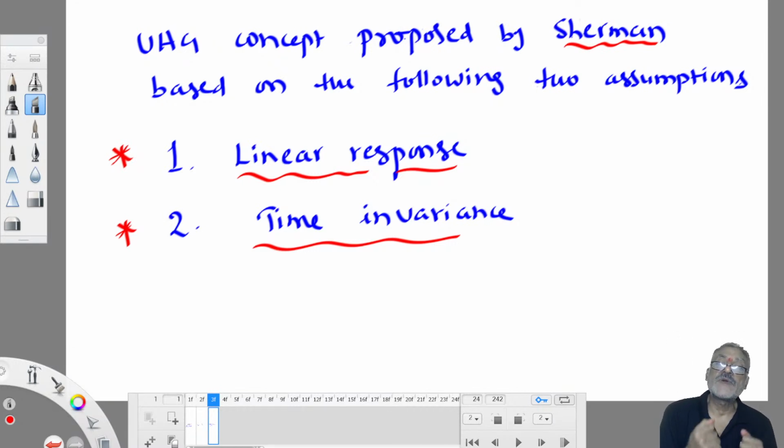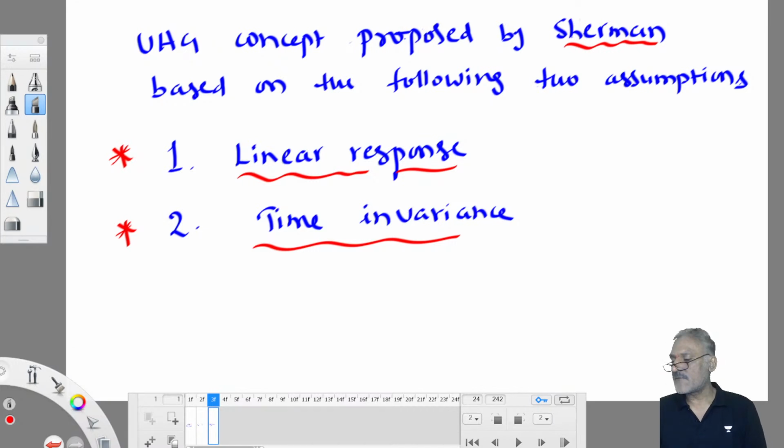If a catchment produces a runoff of 5 centimeters, then the stream discharge would be 10 into 5, 50 meter cube per second. Like that we can work out. That's called linear response. It may be true, it may not be true, but it is very close to reality. That's why these assumptions are valid.